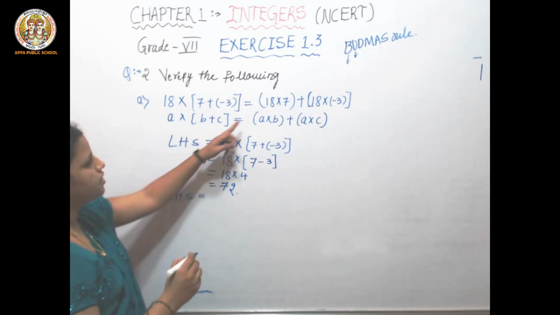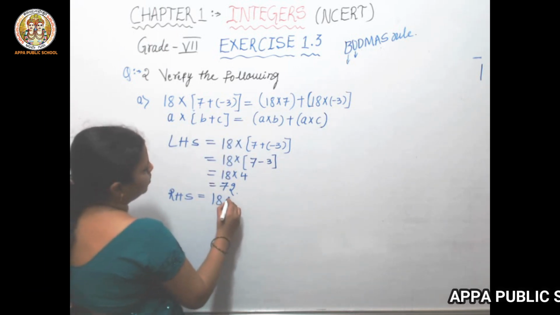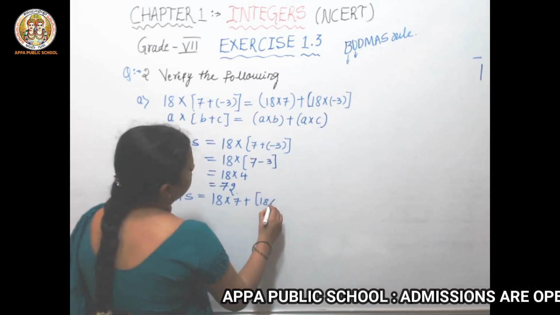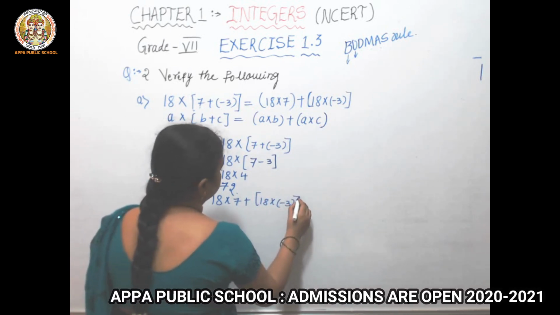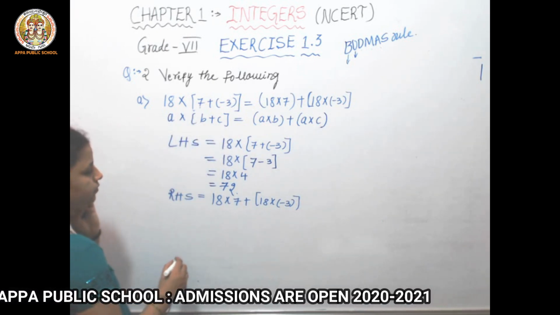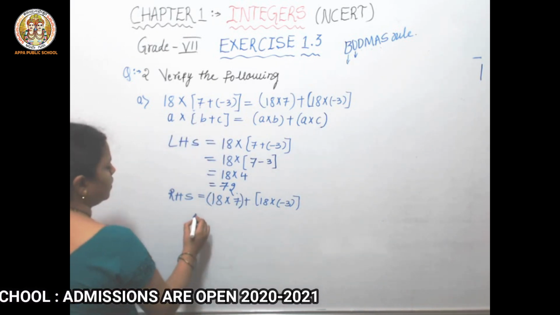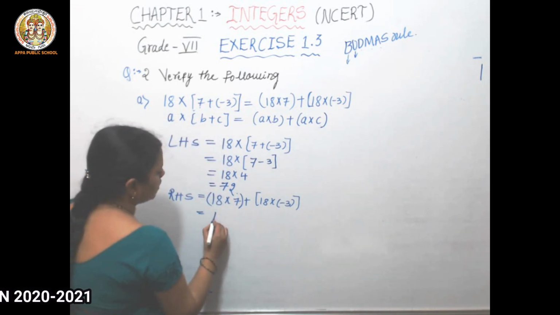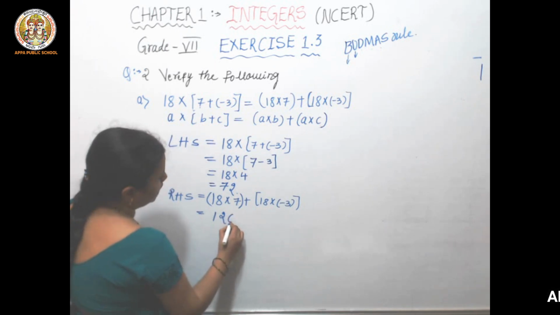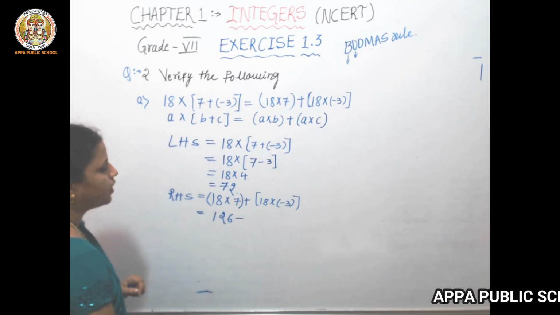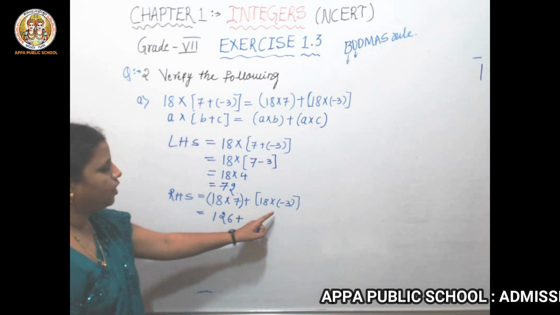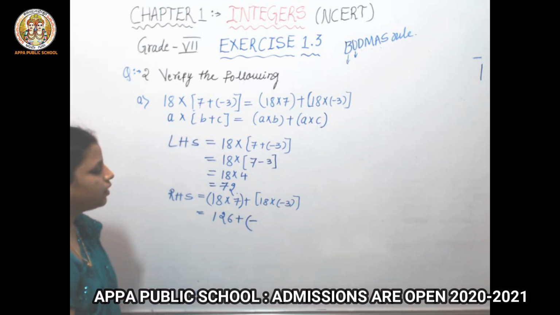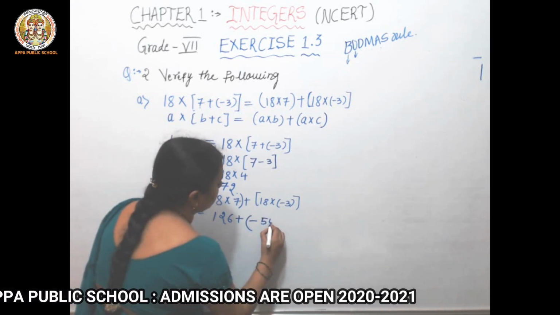The RHS is 18 into 7 plus 18 into minus 3. Now 18 into 7, 18 sevens is 126, plus. Now here plus into minus is minus. 18 threes are 54.